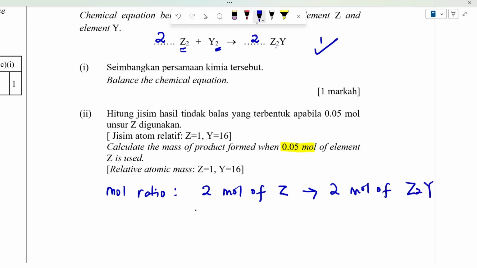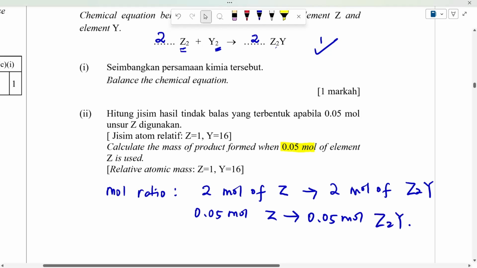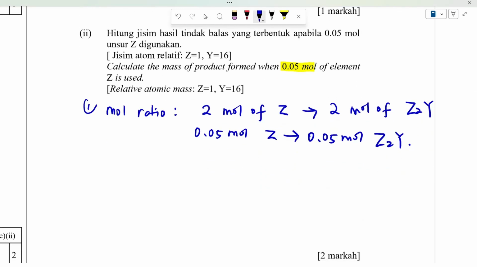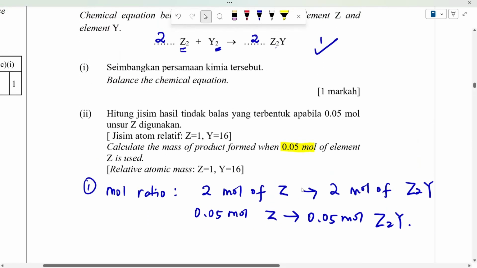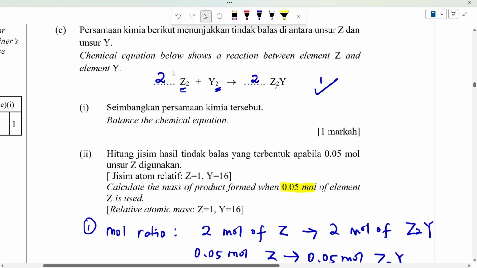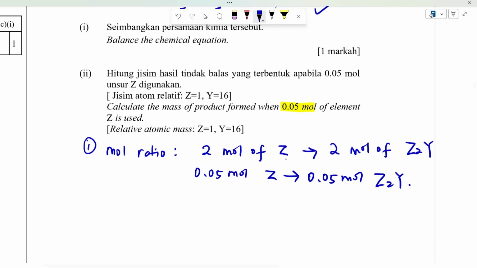Then if 0.05 mole Z, it will be the same, 0.05 mole. Oh, Z2. Sorry, you are correct. Z2.